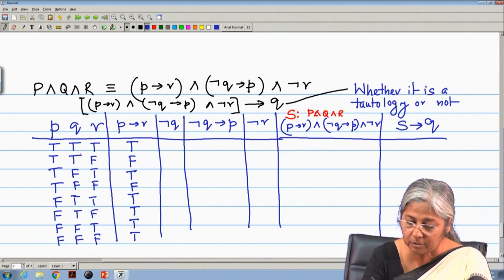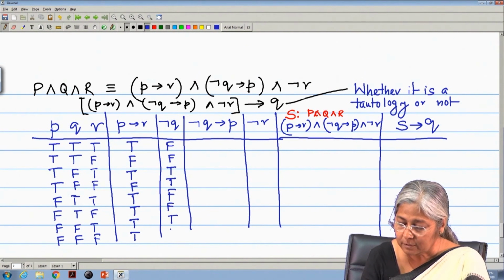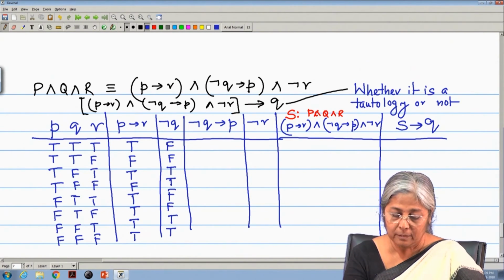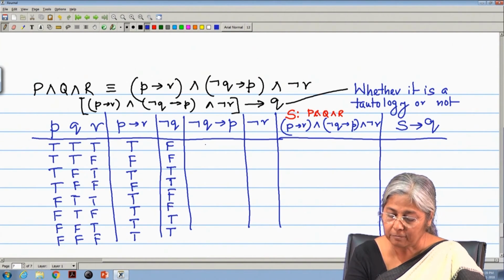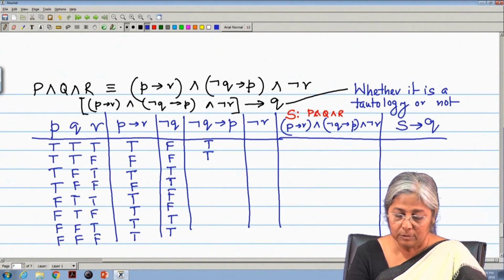Now, I have negation Q: F, T, then again F, T. Negation Q implies negation P: whenever these two are F, it is vacuously true, and when T T, they are true.